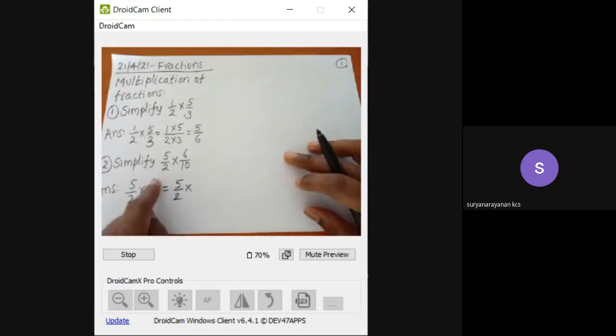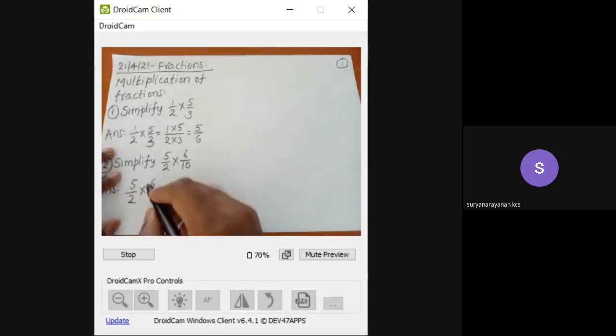So we divide this numerator and denominator by 2. Okay. 2 how many times goes? 2 threes, 2 fives. That is the usage of HCF. HCF helps us to write a fraction in its simplest form. Okay.